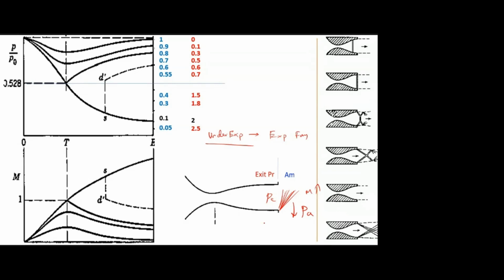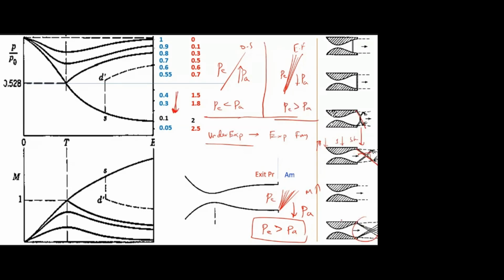So PE is greater than PA. So one is oblique shock, another one is expansion fan. Oblique shock compresses the flow, so PA is higher, but expansion fan accelerates the flow, so PA will be less. So here PE less than PA, there PE greater than PA. Is that clear?